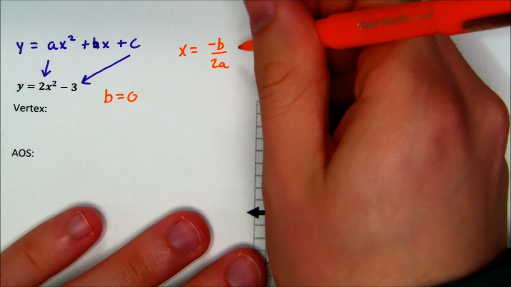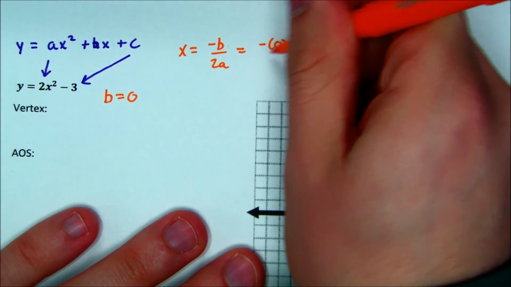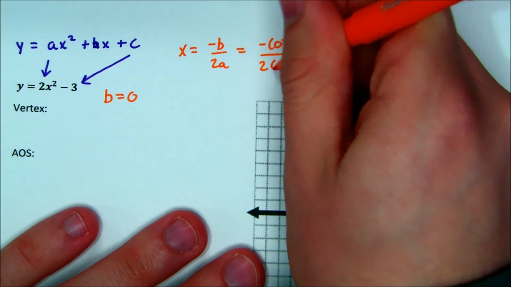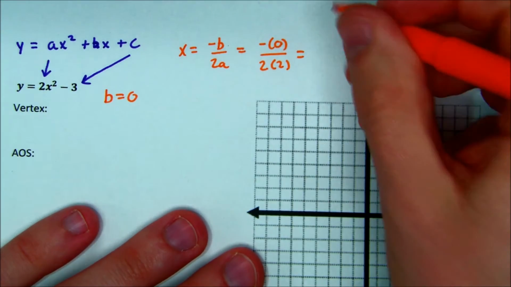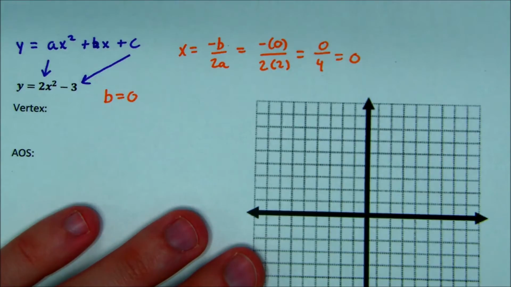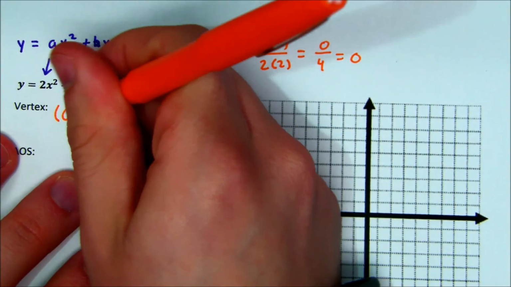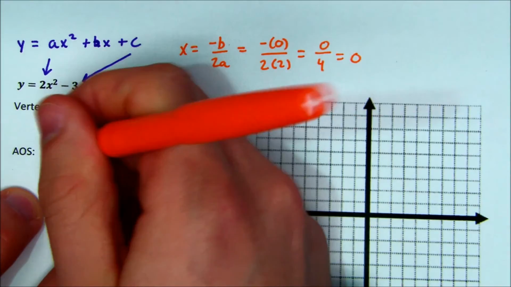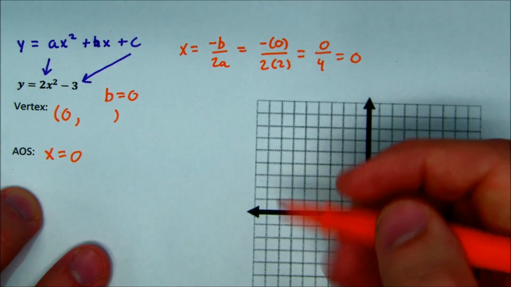So I'm looking at my vertex, I do negative 0 over 2 times 2. Well, negative 0 isn't really a thing, so I have 0 over 4, which is 0. That makes life pretty great. I know my vertex is 0 something, and I know my axis of symmetry is x equals 0. It always matches. The x-coordinate and the axis of symmetry always have to match.